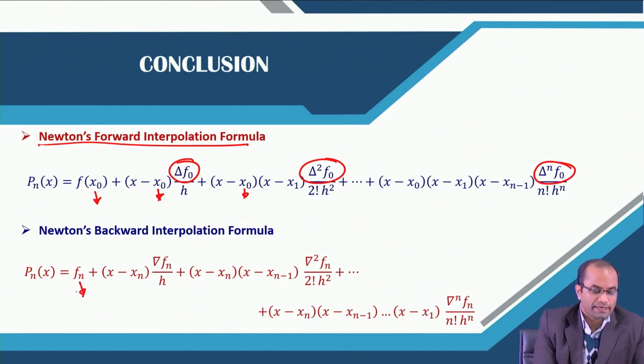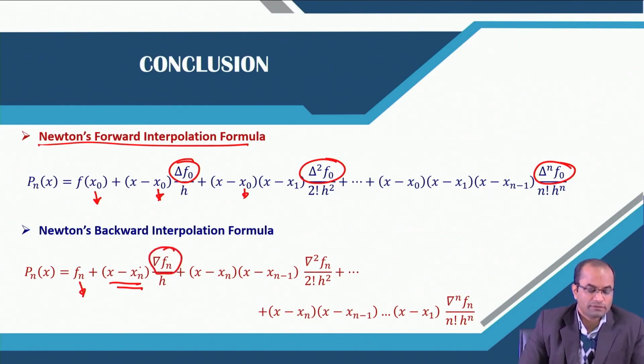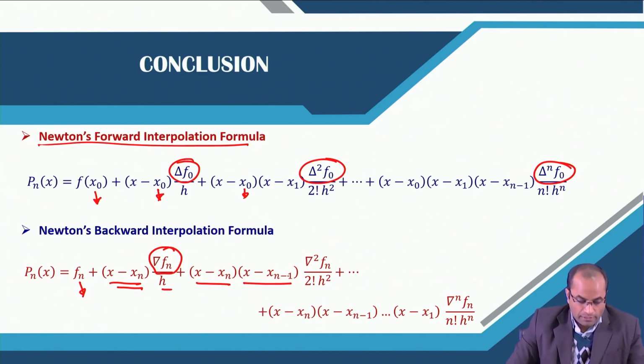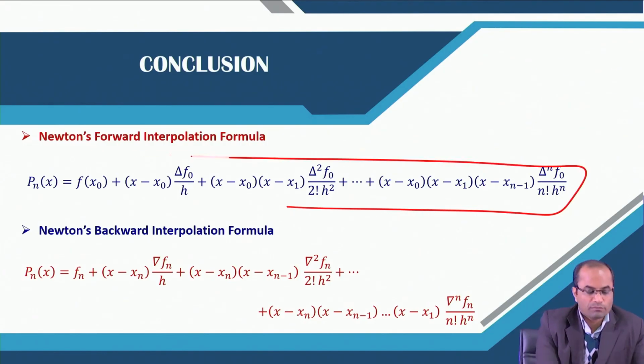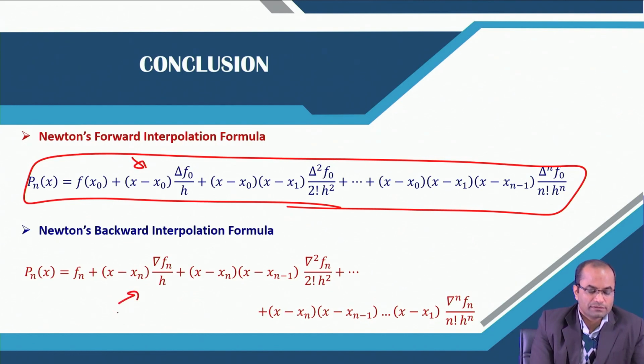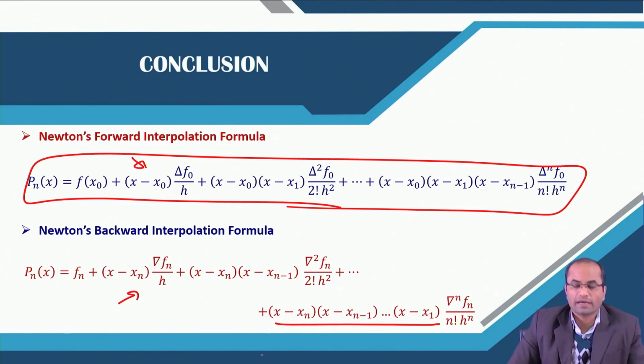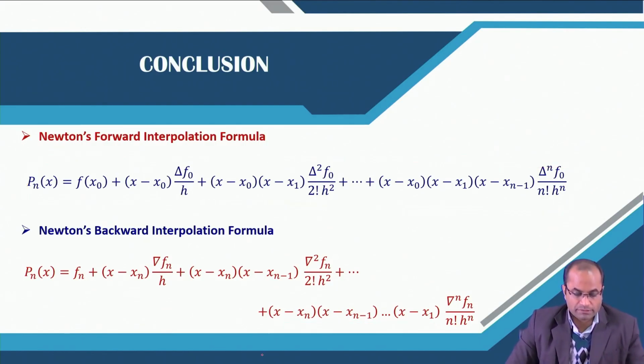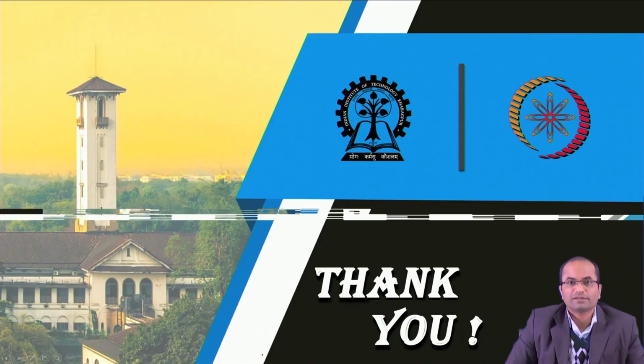So, we take f at x n and then x minus x n, and instead of the forward we have the backward operator on f n divided by h, and then here x minus x n, x minus x n minus 1. So, we go from the backward direction. Having remembered this one formula, the other one can be written, because this is taking from the forward direction, this is taking from the backward direction, and similarly the other higher order terms can be interpreted. So, that is all for this lecture, and I thank you for your attention.